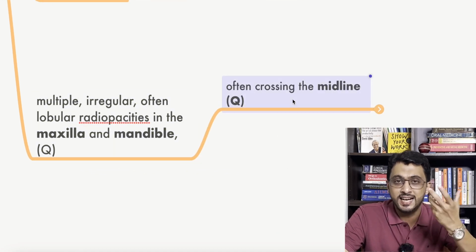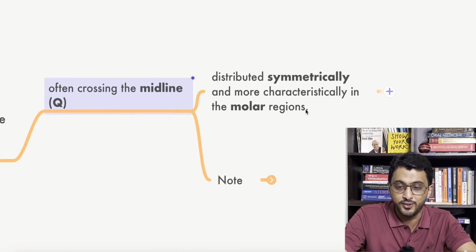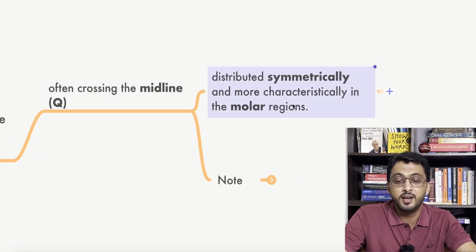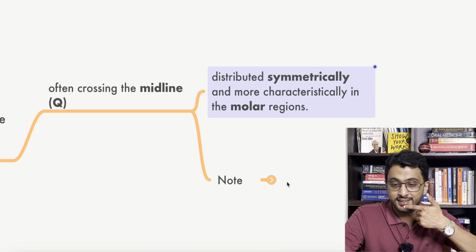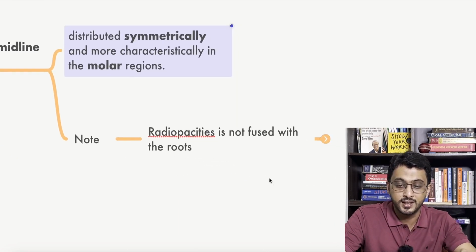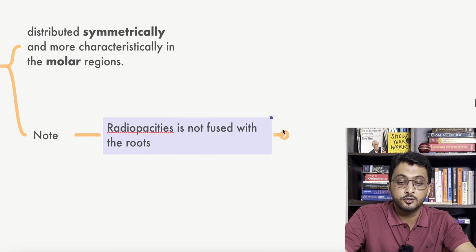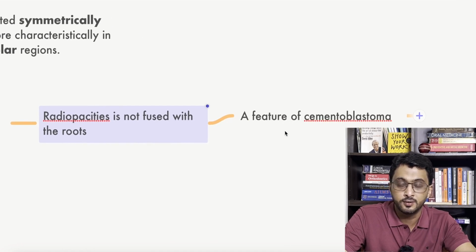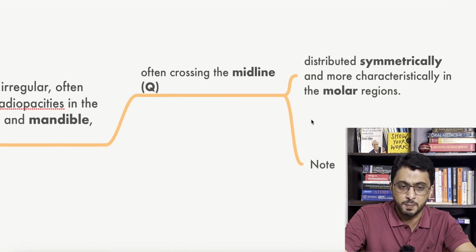So that's why it's called gigantiform, a very severe kind of presentation. Distributed symmetrically and more in the molars, not the anteriors. Please note here that the radiolucent lesion is not fused to the root. Again, there is no root obliteration. These are all features of cementoblastoma.